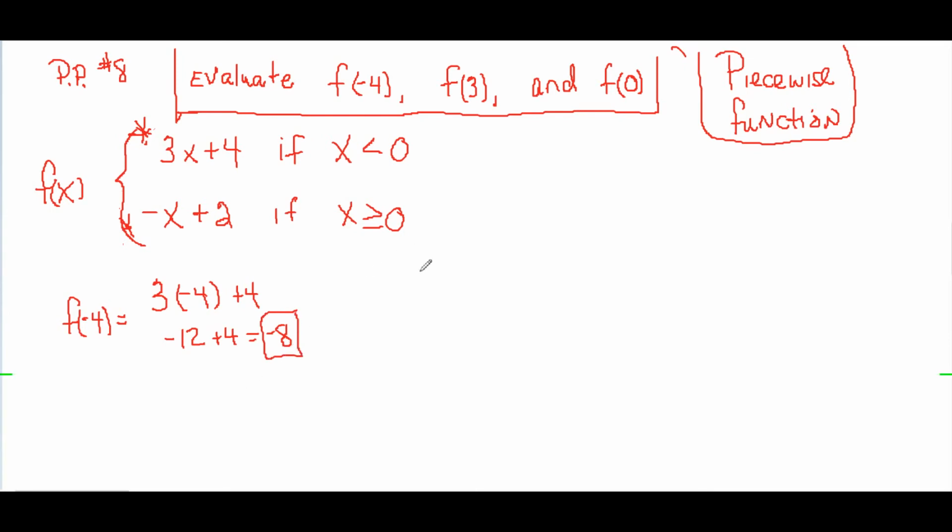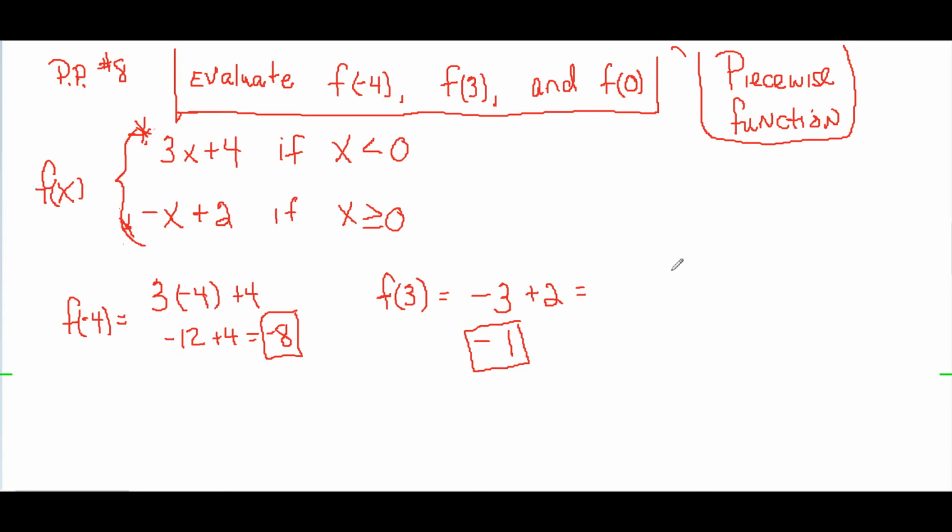The next one I'll try is f of 3, and 3 is greater than 0, so I'm going to use the bottom equation, and it's going to be -x plus 2. The negative sign stays, I'm just replacing the x with the 3, so it's going to be -3 plus 2, which equals -1.